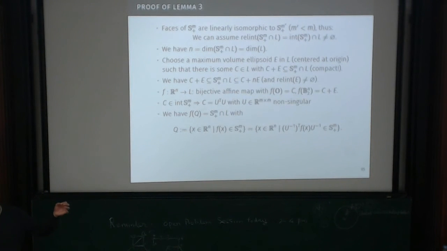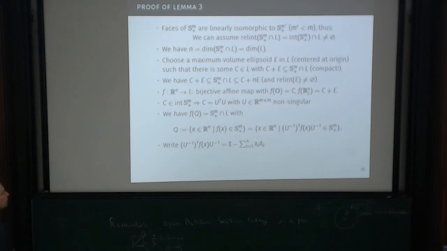So we can safely multiply f(x) with U^(-T) and U^(-1) from left and right. It will still be the same set Q.